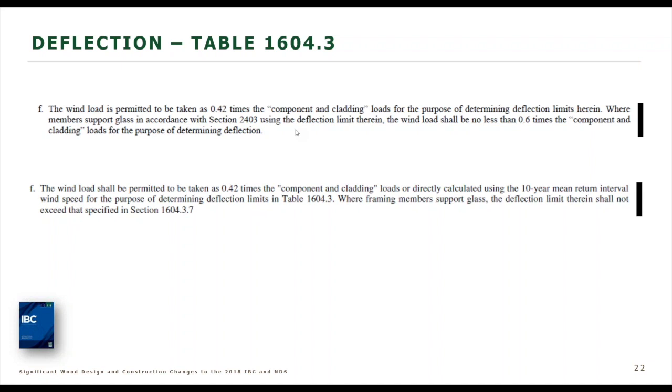Now they've expanded that and allowed, in addition to that 0.42, that we're now allowed to determine our wind loads by direct calculation using 10-year mean return interval wind speeds. And this is just for deflection alone.